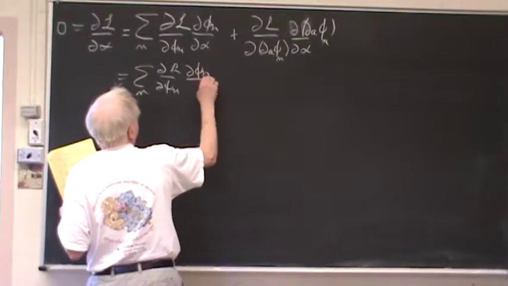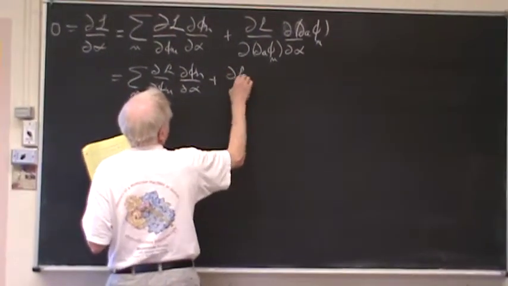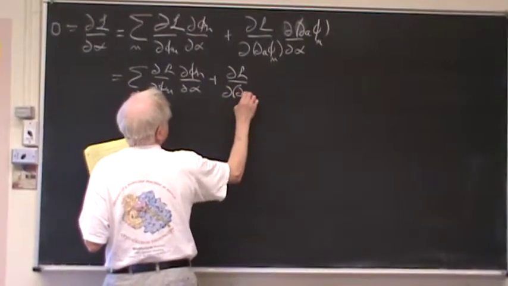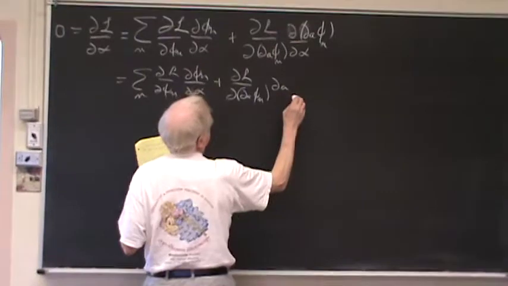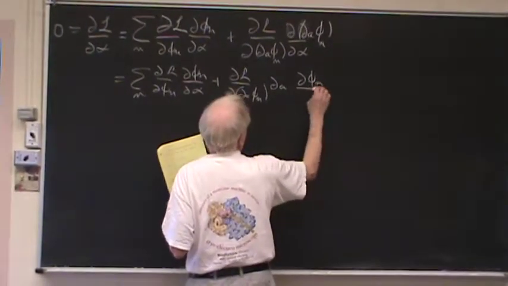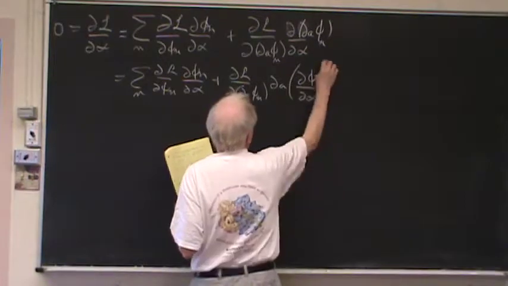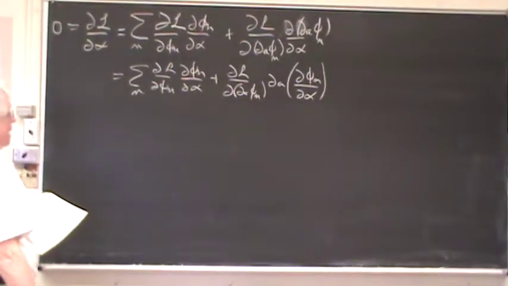Partial phi n, partial alpha, plus partial L, partial dA phi n, dA partial phi n, partial alpha. Okay.